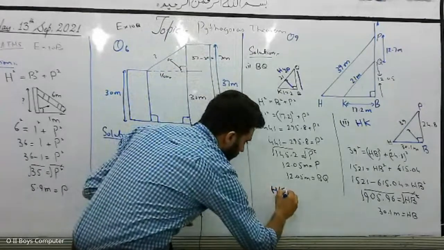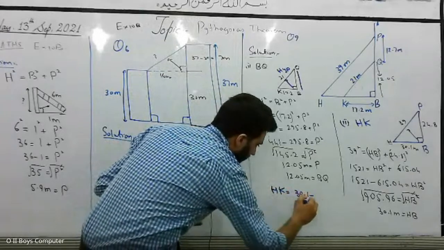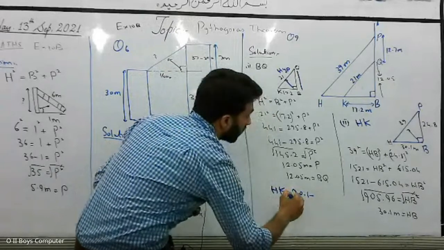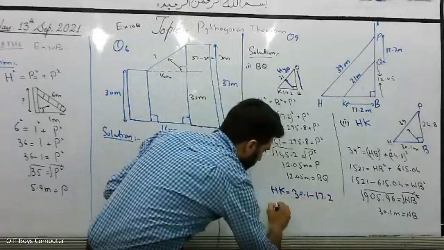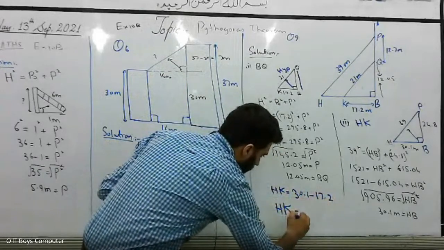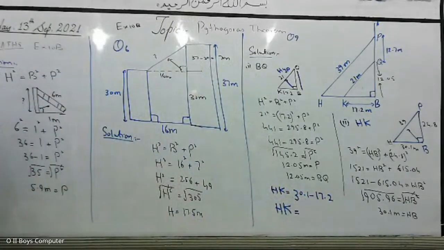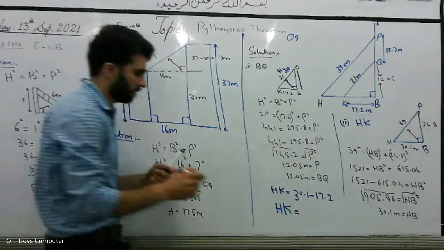Here, I will solve. HK is 30.1 minus 17.2. That is 12.9.